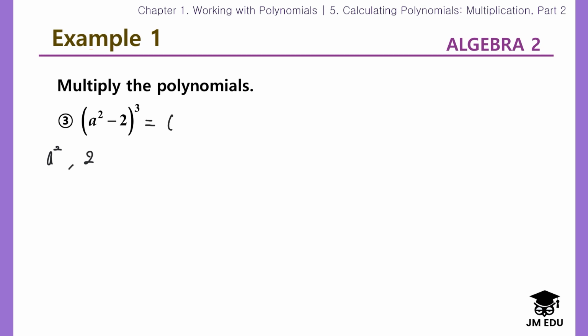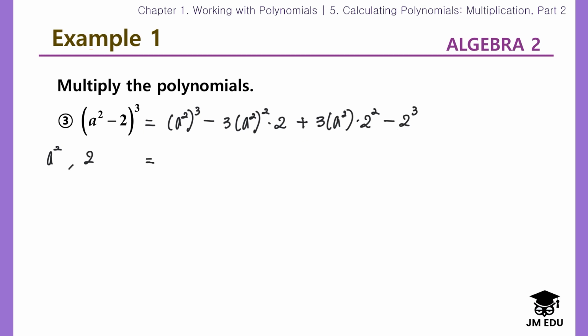First term cube minus 3 first term square, second term plus 3 first term, second term square minus second term cube. Plus minus plus minus.